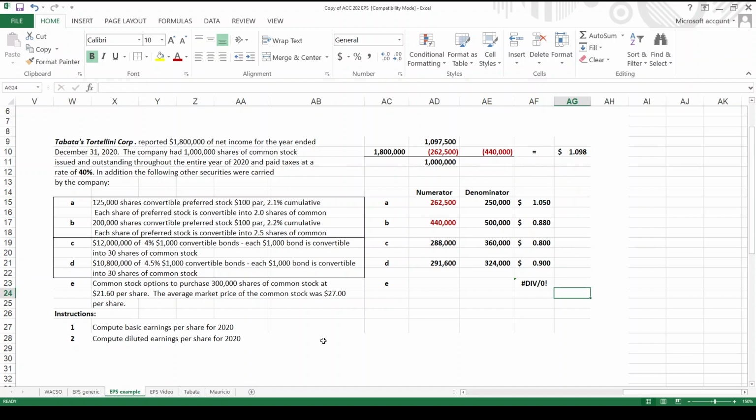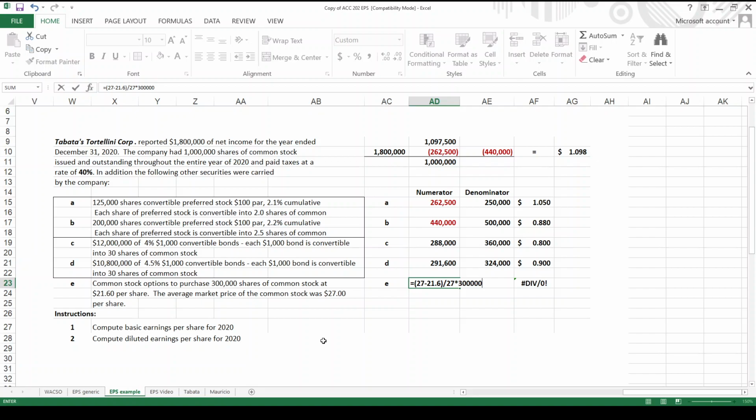Okay. And finally, letter E, which is the options, and we use the treasury stock method, right? So we take our market price 27, subtract 21.6, which is the exercise price, divide by the market price 27, and then multiply that fraction times the number of options.